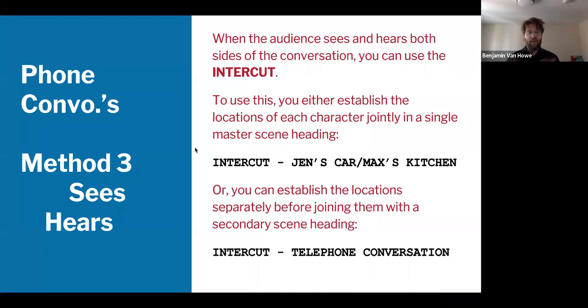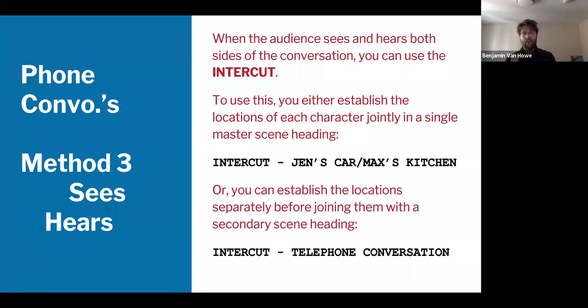And then if we see and hear the other person on the phone, then you can cut between both sides of the conversation using an intercut. So you could establish the locations of each character jointly in a single master scene heading, such as "intercut, Jen's car / Max's kitchen."